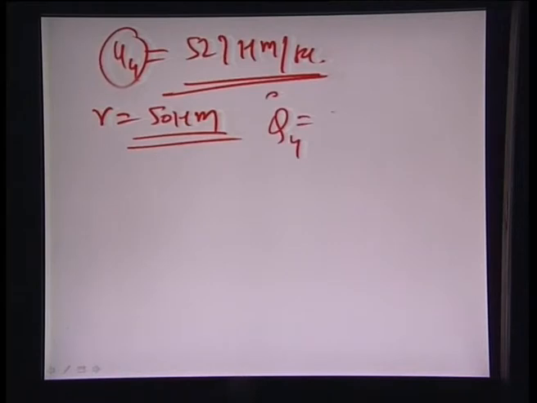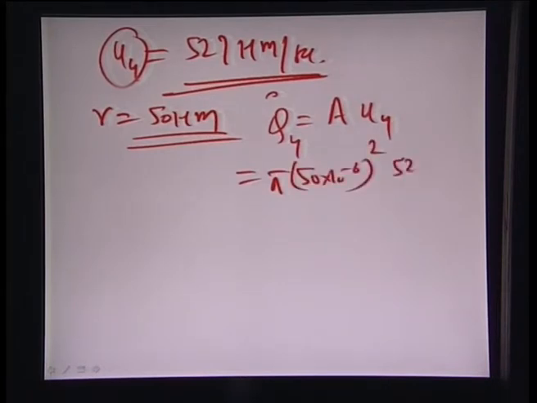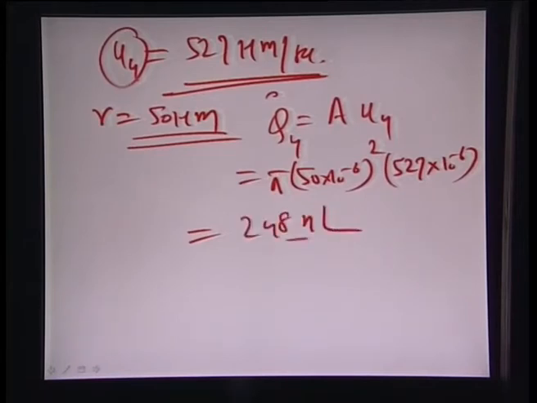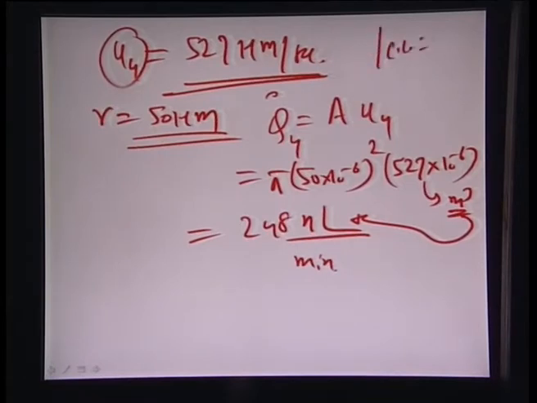Essentially, it is the area of cross section times U4, and the area is pi times (50 × 10^-6) squared, times 527 × 10^-6. So, this from calculation would come out to be about 248 nanoliters per minute. This is of course in meter cubed, so you have to do this conversion from meter cube to nanoliter. 1 centimeter cube is essentially 1 ml.